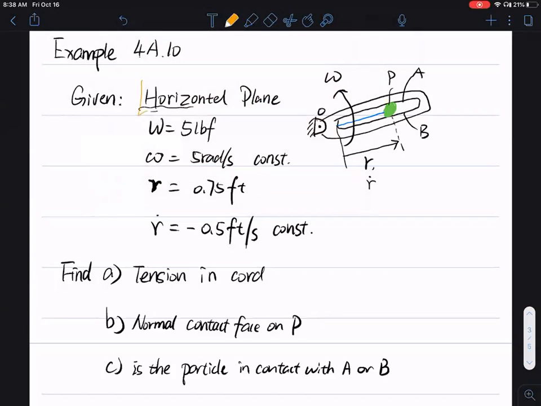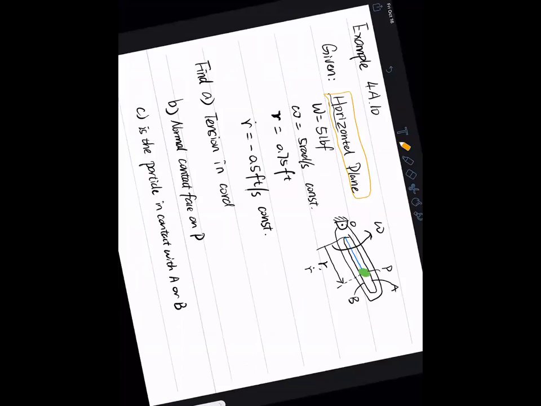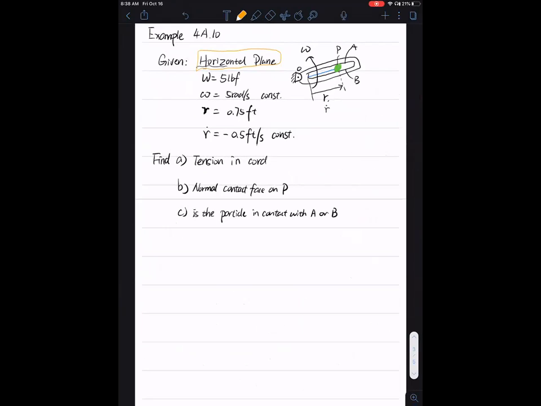So I'll highlight here. If you see that keyword, that means this arm OAB is on the table. It's put on the ground, and the particle P is just sitting on top of the table. And the rotation of the arm is just rotating on the horizontal plane.